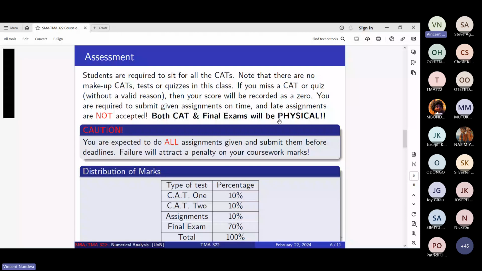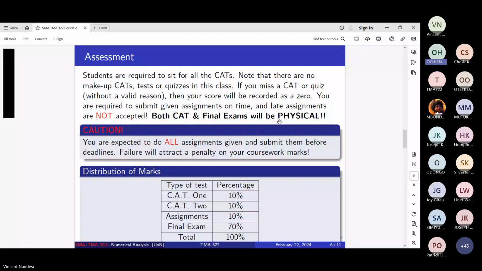Is there someone with a question? Please try to scroll your screen, sir. The screen is not scrolling. Which slide are you able to see? I'm seeing the first slide there.